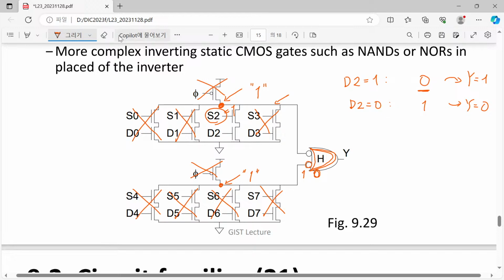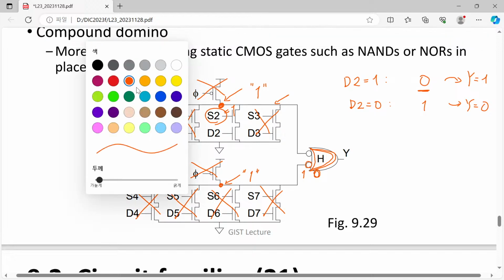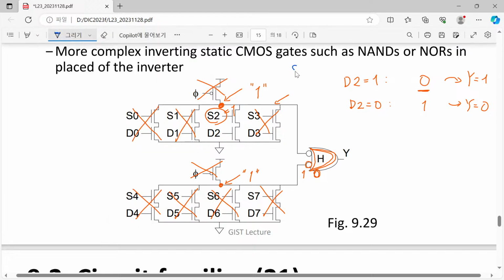So now you can see that when S2 equals 1, D2 is selected, and your output value Y will be the same as D2. So simply speaking, you have Y equal to D2 when S2 equals 1.